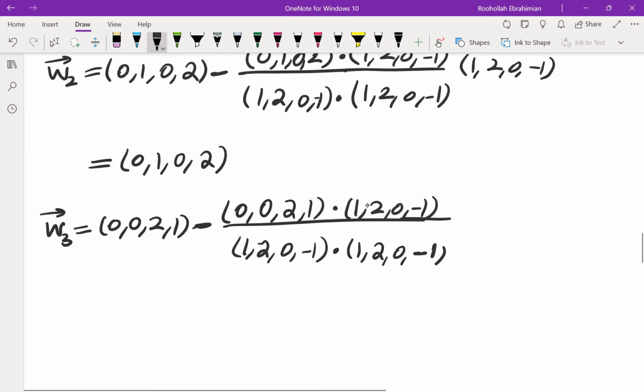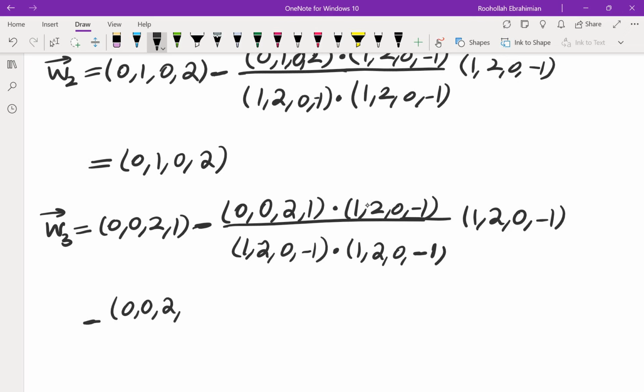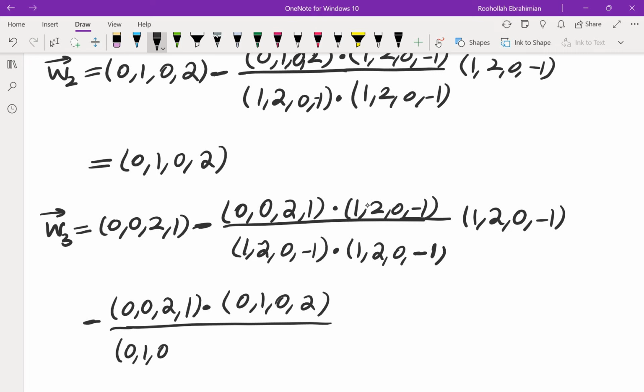I'll have to multiply that by 1, 2, 0, negative 1, and then subtract the projection of 0, 0, 2, 1 onto the second vector, 0, 1, 0, 2, divided by the length of this vector squared, 0, 1, 0, 2, multiplied by 0, 1, 0, 2.